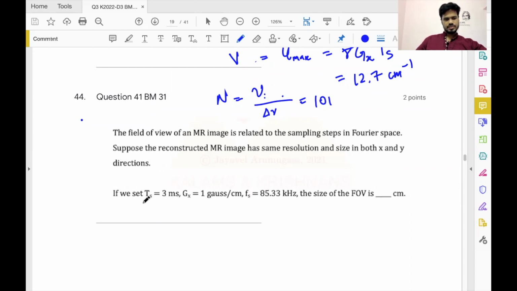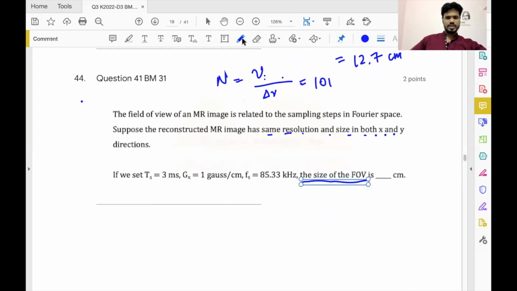Given this Ts, Gx, Fs, we have to find the size of the field of view. And the same resolution in X and Y, so the field of view is also the same in X and Y directions.